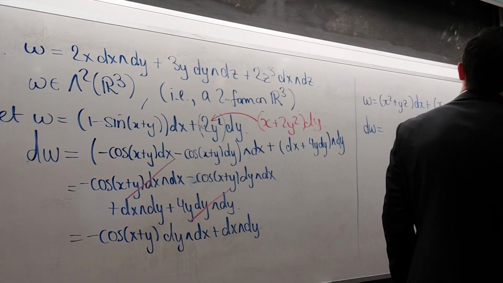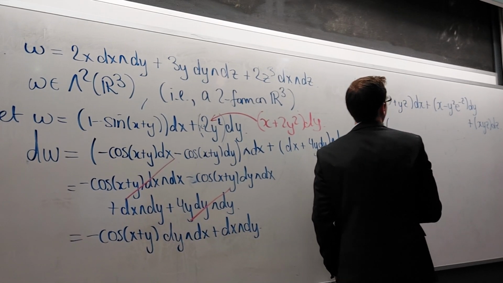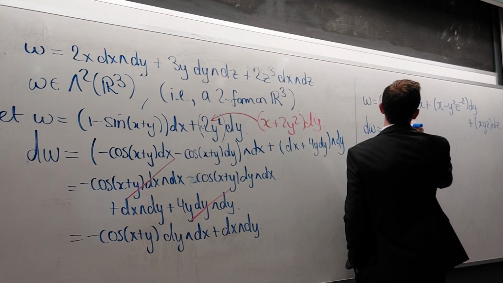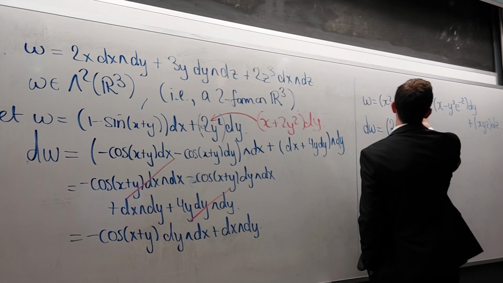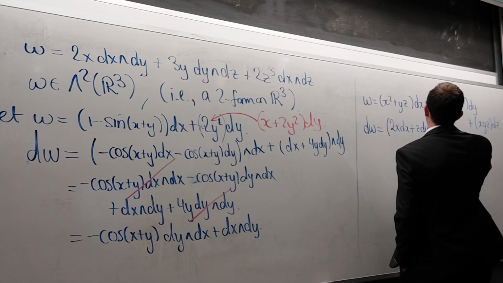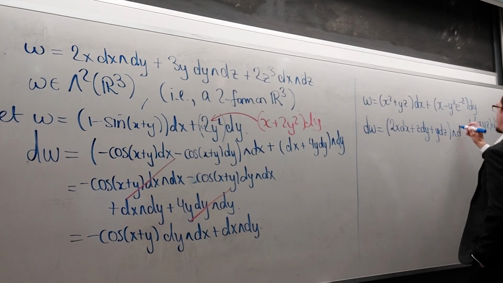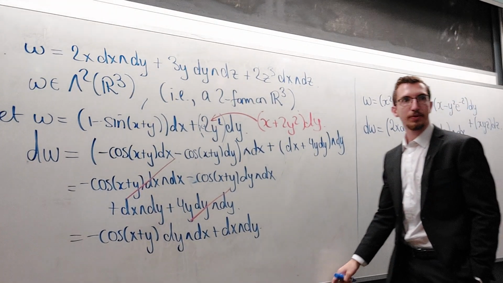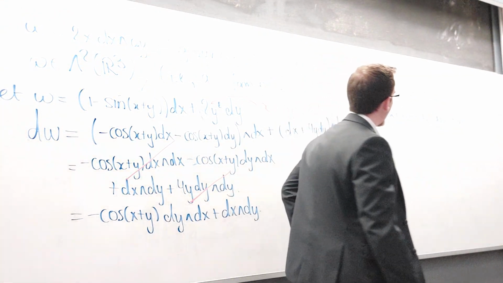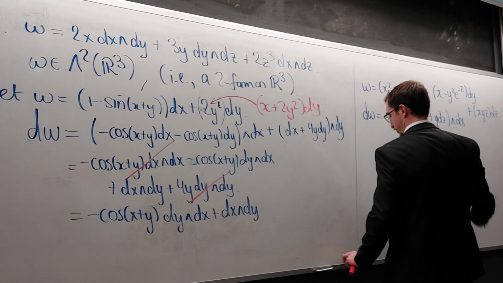What is the exterior derivative of this function? To differentiate with respect to x is 2x, so it should have 2x dx plus z dy plus y dz, wedge dx. Everyone agree with this? Okay, the next term should be what?